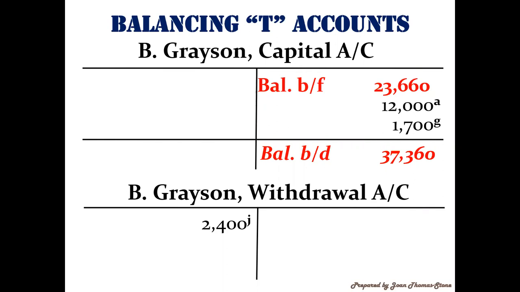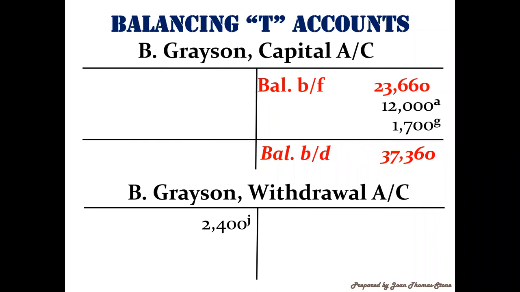Now, let us pause for a moment. Look a little at this capital account. What do you remember about that 12,000 and that 1,700? Those two amounts, what were they again? They were investments made by the owner.